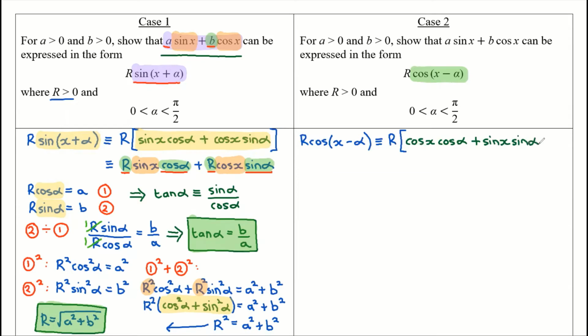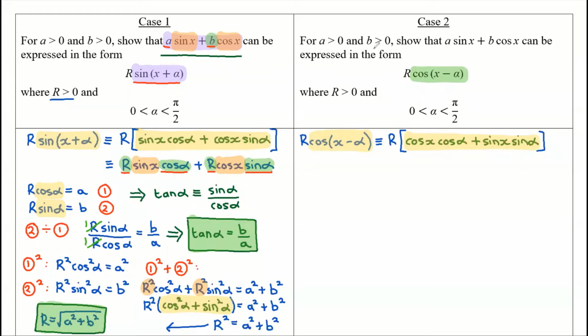So that's using the cosine identity. And once again, if you're not familiar, they are in your formula book, so don't worry too much. So this part is absolutely identical to this part, irrespective of what x and alpha actually are.